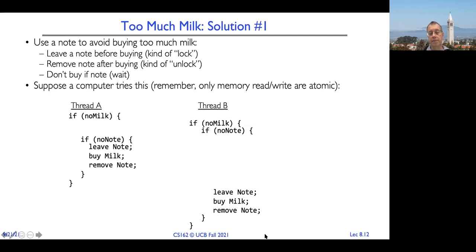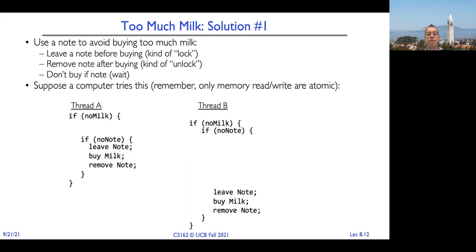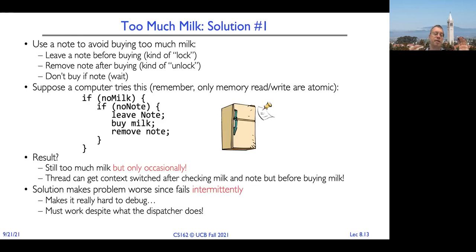Any questions here? So it's too much milk. This happens occasionally, right? If you don't have this unfortunate order of execution, actually this code will work. And the problem is, when it happens only occasionally, you may say it's good news, right?